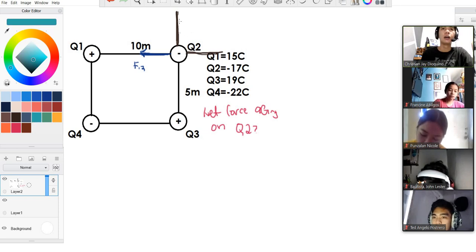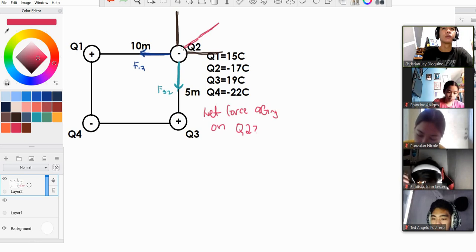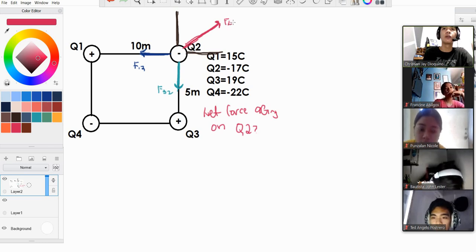Then another vector is going downward, which is F32, and another vector is going diagonally, which is F42.